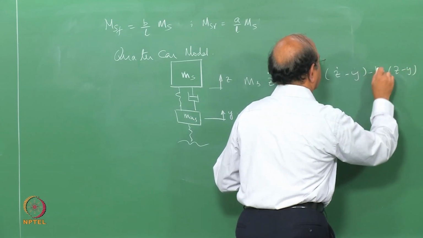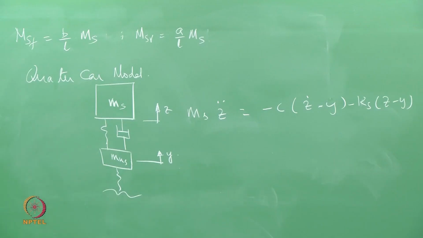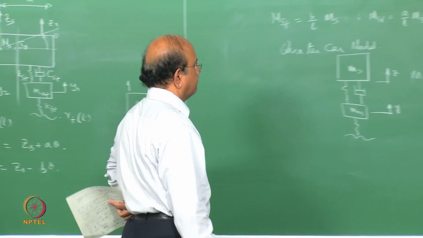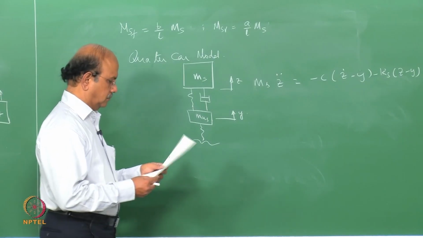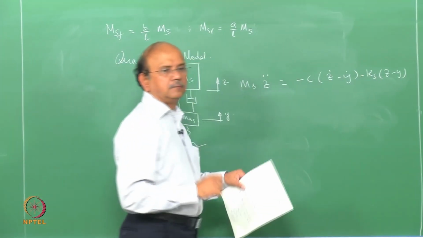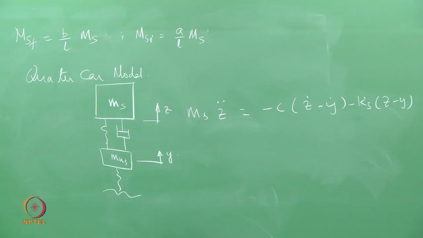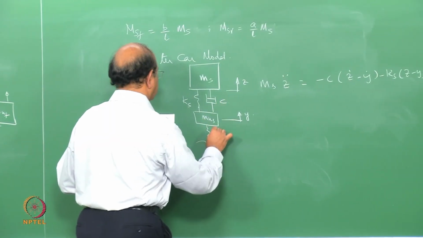Is that correct? Of course, that's Ks, that is C, and that is Kt.